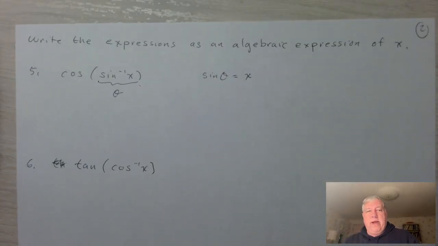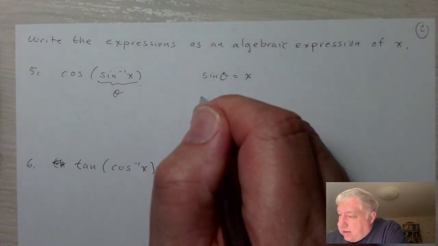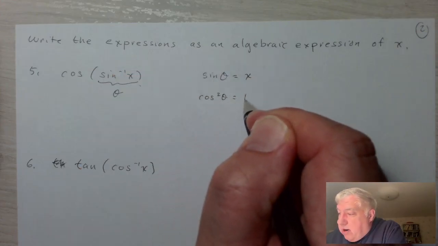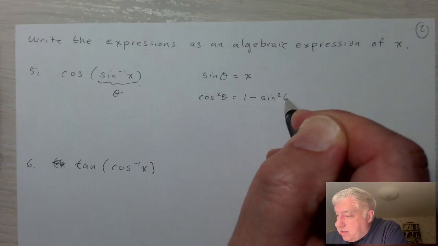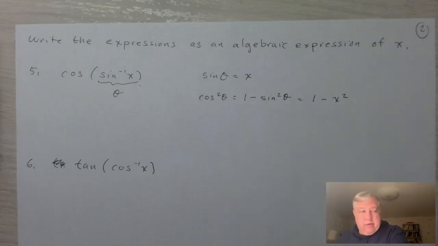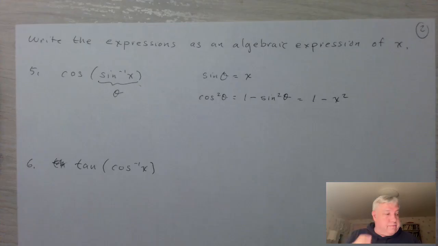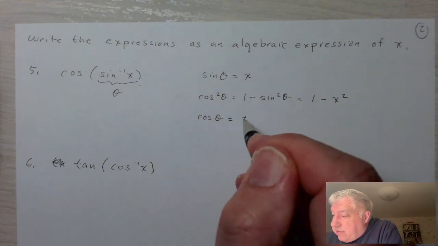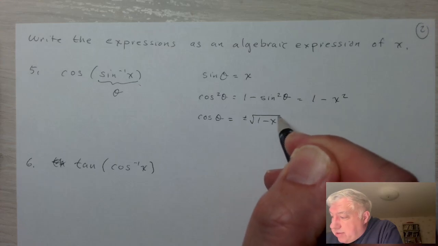And we won't worry right now about whether this is positive or negative, but we do know that the cosine squared of theta is going to be 1 minus sine squared of theta. So that will be 1 minus x squared. And then the cosine of theta will be plus or minus the square root of 1 minus x squared.